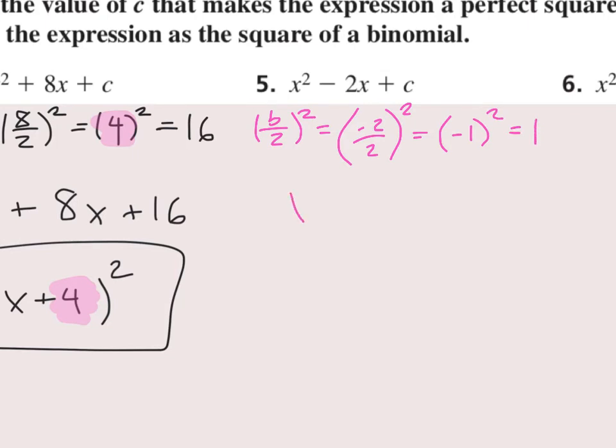So our perfect square trinomial is x squared minus 2x plus 1. What is our perfect square binomial? x minus 1. So it's important that we keep the negative b, even though we square it so it becomes positive, but we have to make sure we have that minus 1 inside of our parentheses because that's how we get the negative in our original equation.